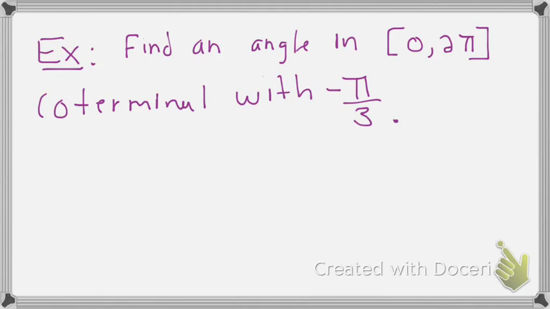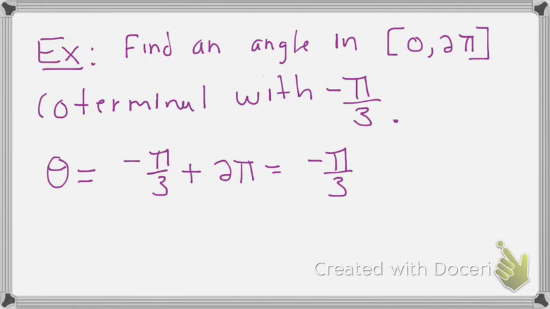So to find a coterminal angle theta, you can take your minus pi over 3 and add a full rotation, 2 pi. That's the same as minus pi over 3 plus, if you get a common denominator, 6 pi over 3, which is going to leave you with an angle of 5 pi over 3.